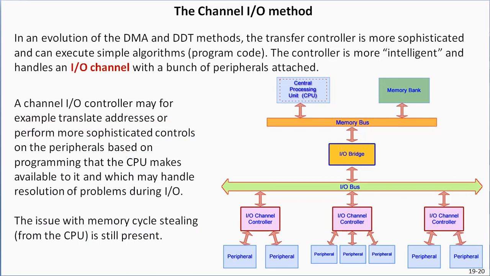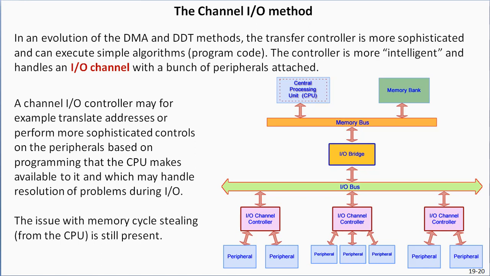The channel I/O method. In an evolution of the DMA and the direct data transfer methods, the transfer controller is a more sophisticated component which can perform more than just transfers. For example, it may be a cheaper, less powerful CPU which can also execute simple algorithms, that is, program code.